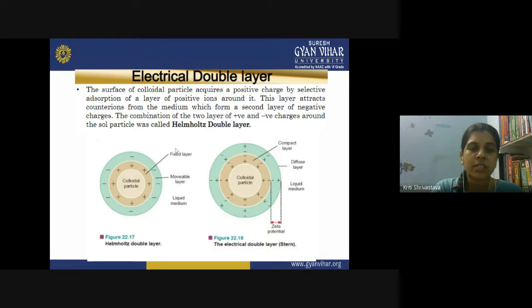Okay, this is a fixed layer because adsorption has taken place. But over this layer, I have a movable layer because these ions are present in the dispersion medium. Okay, so since these counter ions are there in the dispersion medium, this is a movable layer, and this is a liquid medium in which the colloidal particle is present. So this is my Helmholtz double layer.